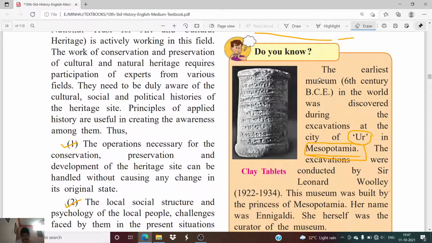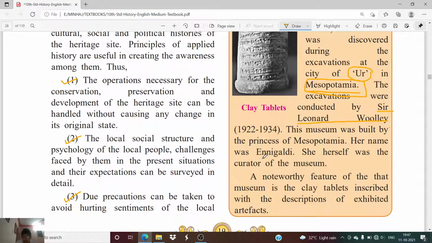This museum was built by the Princess of Mesopotamia. Who had constructed it, or on whose order was the museum constructed? It was constructed on the order of the Princess of Mesopotamia. What is the name of the princess? Her name was Enigaldi. She herself was the curator of the museum, which shows that she was very much interested in studying history.